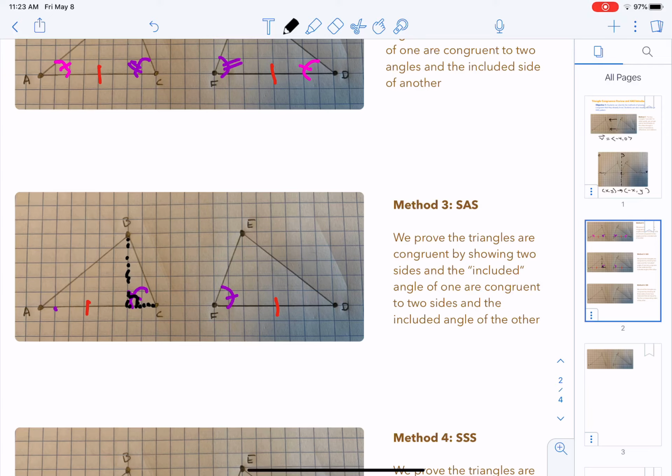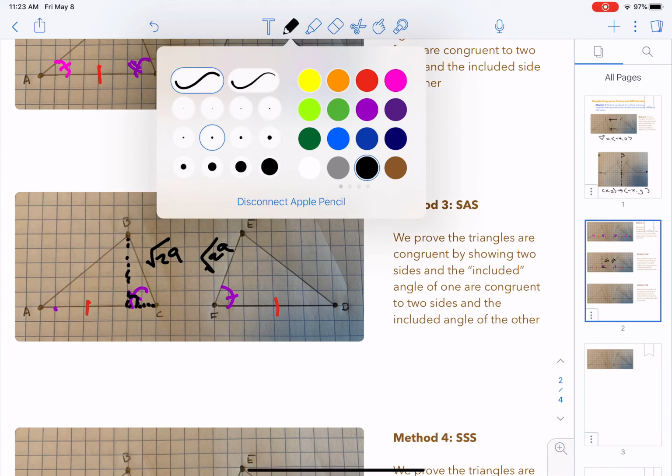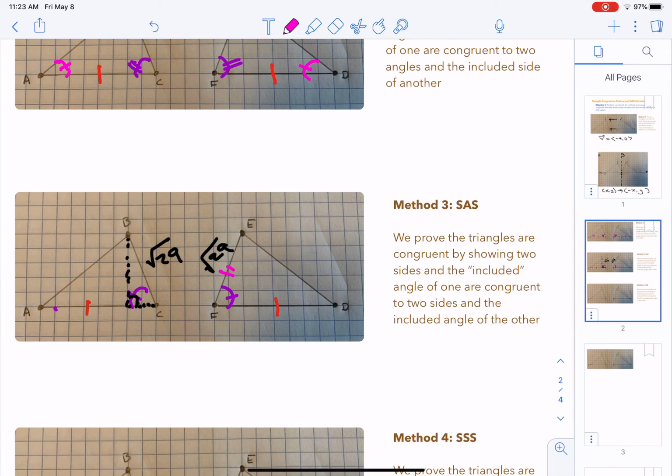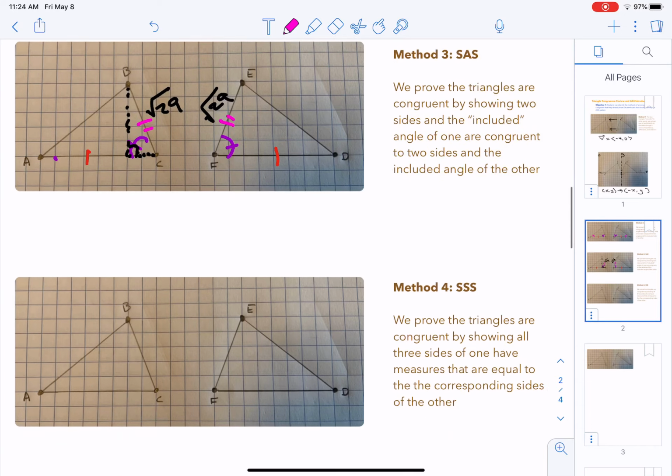That's going to be root 29. This side is also root 29 by the same logic using the Pythagorean theorem, which means that this side here is congruent to this side here. And we have the side angle side method of proving that the 2 triangles are congruent.